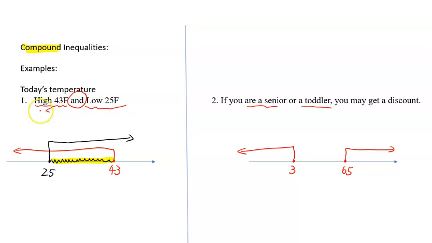So this one we had, the temperature is less than or equal to 43 degrees, and the temperature is greater than or equal to 25 degrees. And these two inequalities are joined by the word and. But here, the age is greater than or equal to 65, and a toddler's age is less than or equal to 3. And notice these two inequalities are joined by the word or.